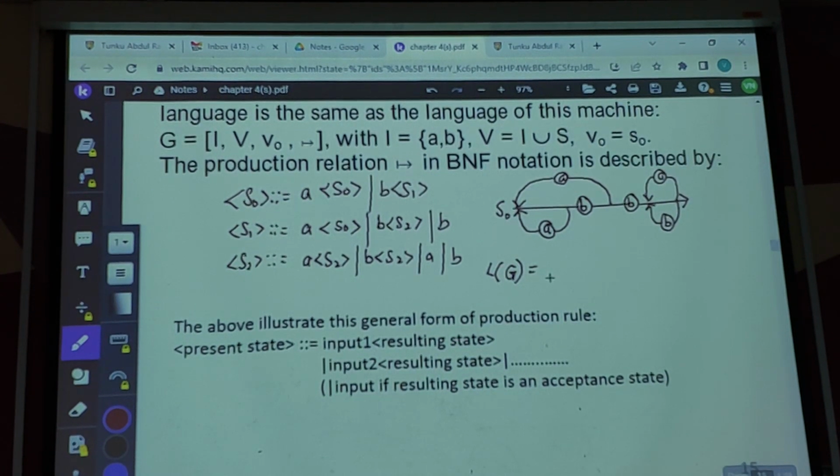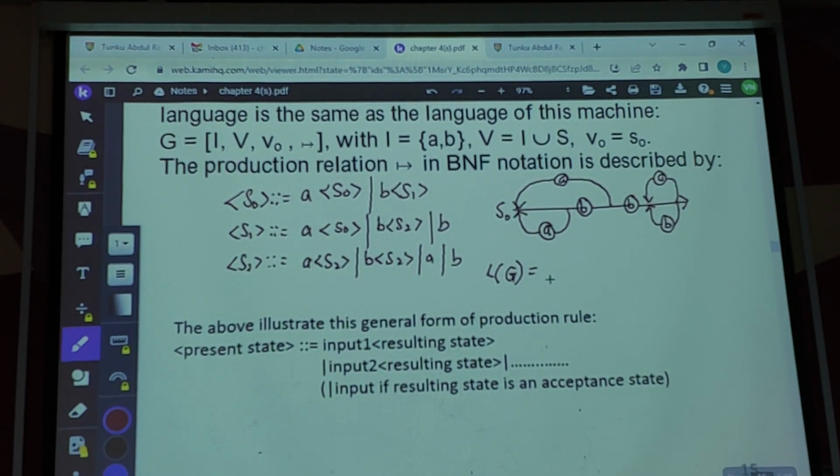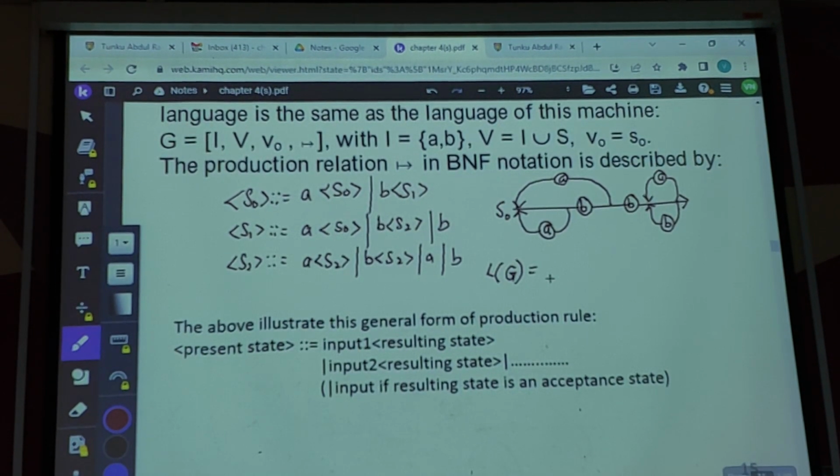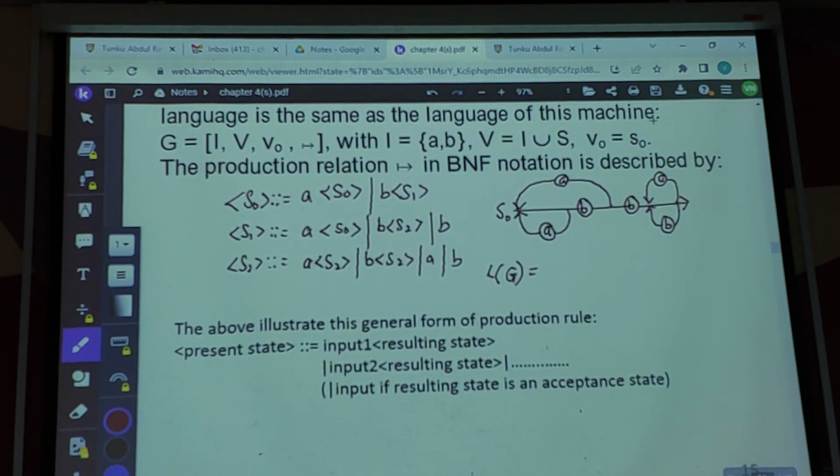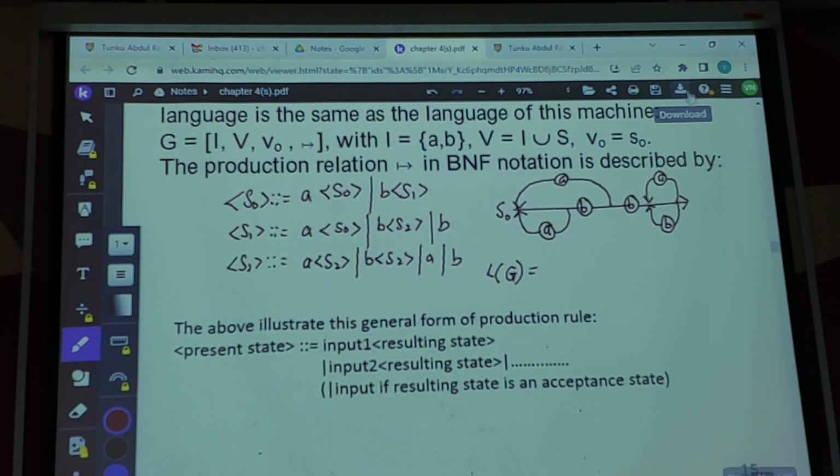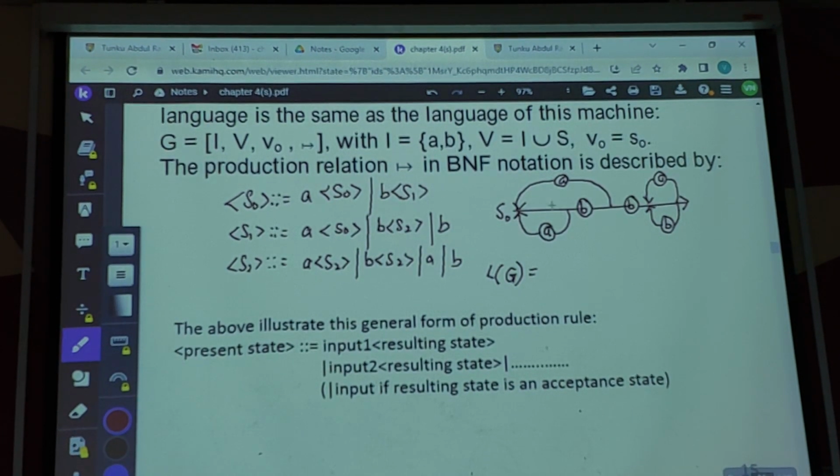So what is the LG for this master diagram? What is the LG? A loop.